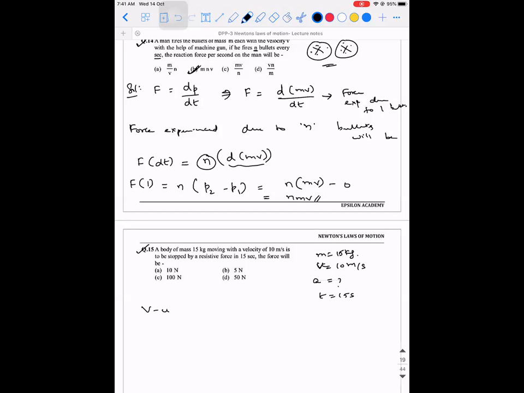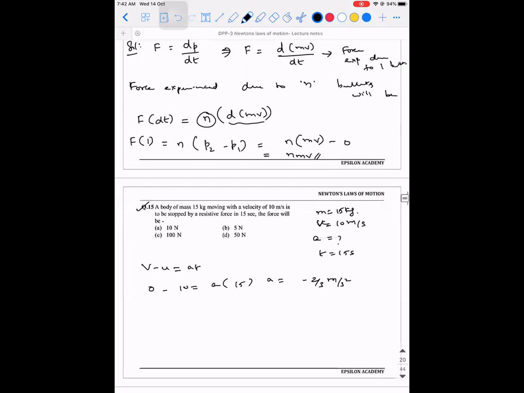You can apply v minus u is equal to at. V is 0, minus 10 is equal to acceleration into time, 15. So a is equal to minus 2 by 3 meters per second square. So what will be the resistive force? The resistive force will be mass into acceleration. That will be minus 10 Newton. Okay. Next.